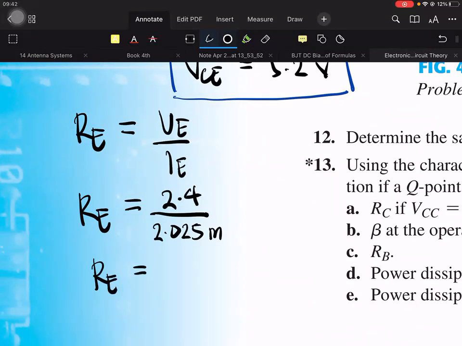Therefore, RE is more or less 1.185 kilo ohms.